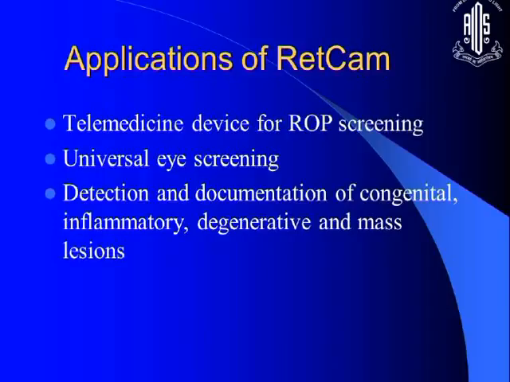I think at this time, what is being talked about more and more is universal eye screening in the newborn. I think that's where it is coming in as a great tool. So the detection as well as the documentation of everything, congenital, inflammatory, degenerative, and mass lesions, is possible here.